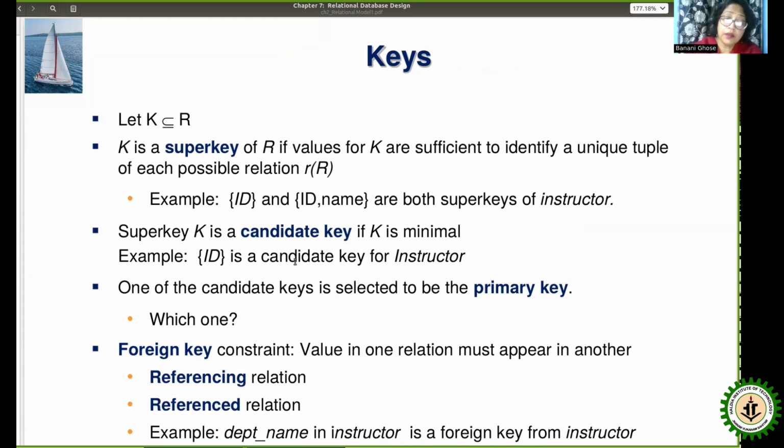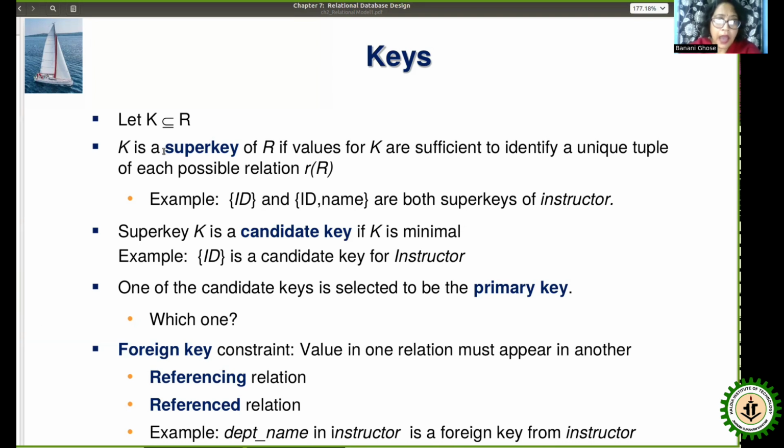Now we are coming to a very important concept, key. So what is key? Key is nothing new, but it is an attribute or a group of attributes which will be helping us to uniquely identify a particular tuple from among the group of tuples in the relational data model.